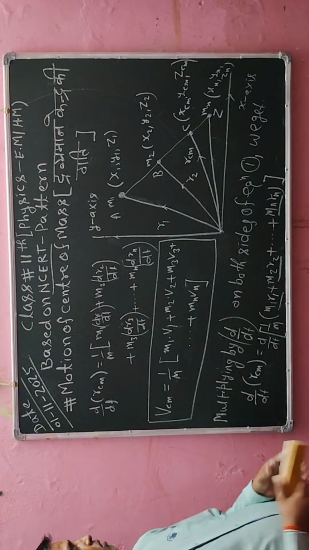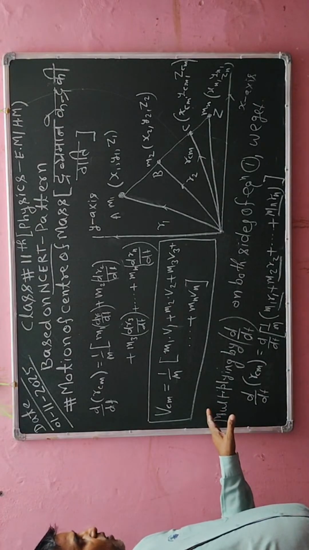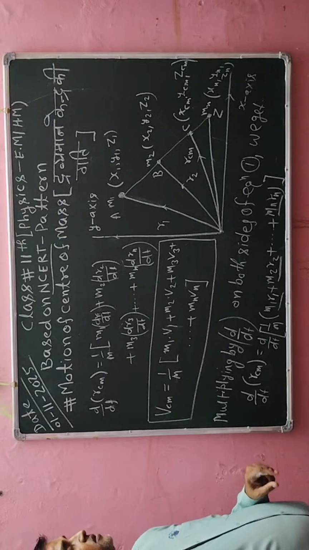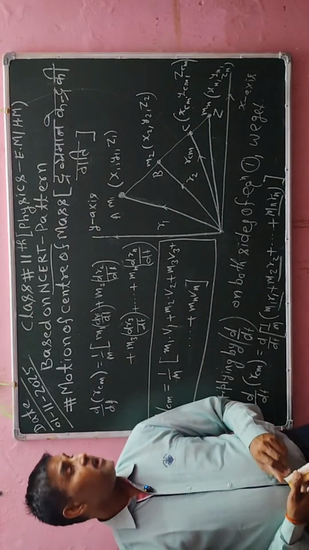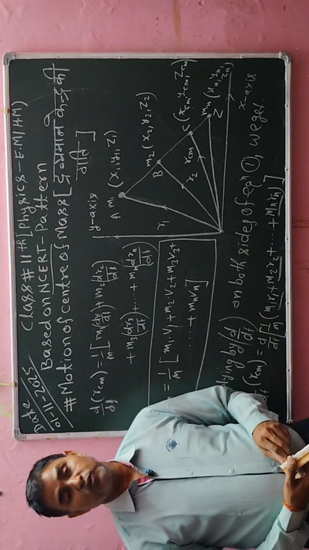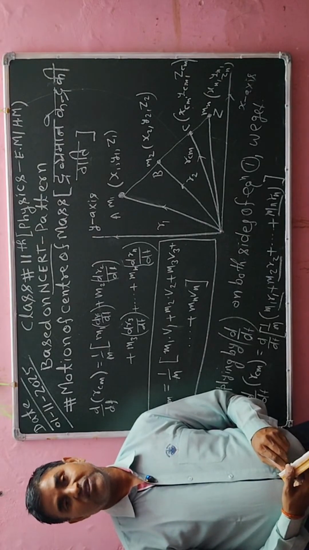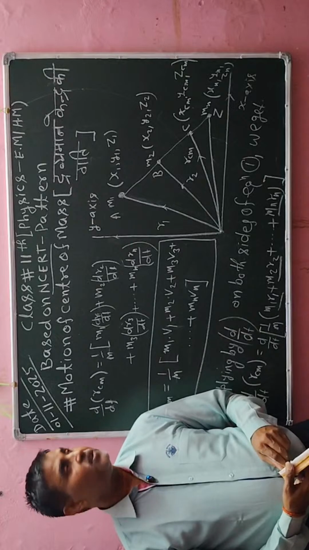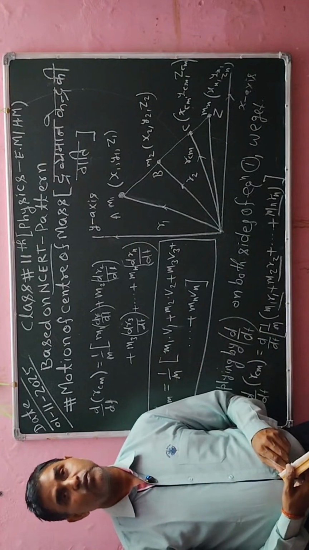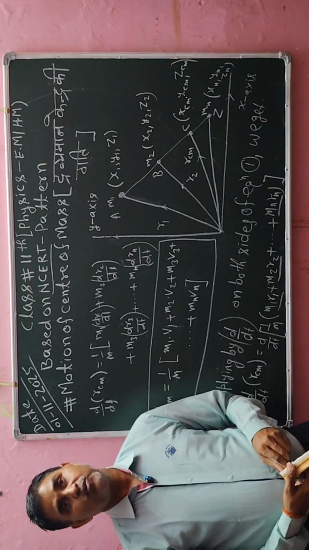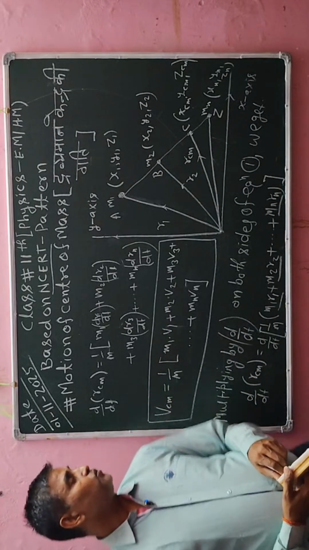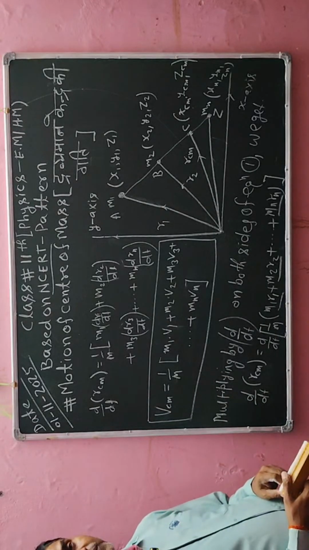Now I will also write a numerical, and in that numerical I will use this formula to calculate the velocity of the center of mass of given objects. Students, you concentrate here. We have to calculate the requirement of the question.